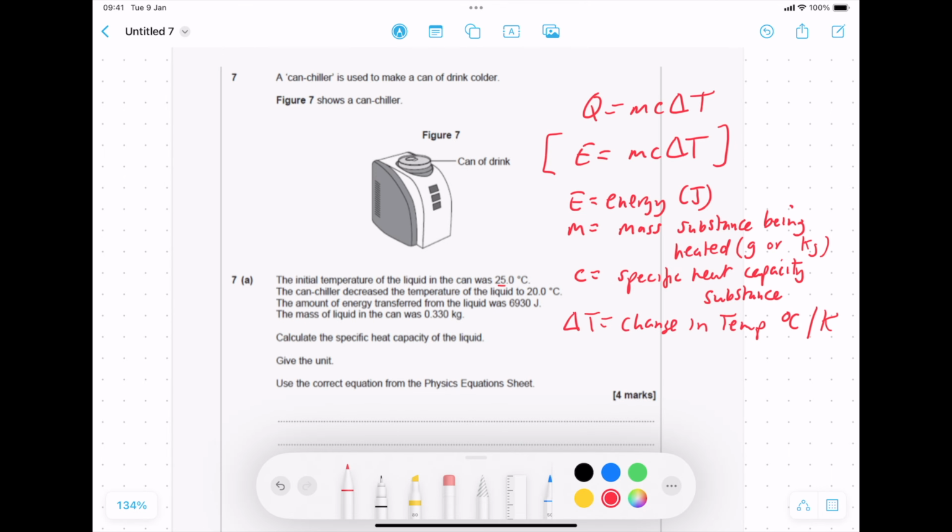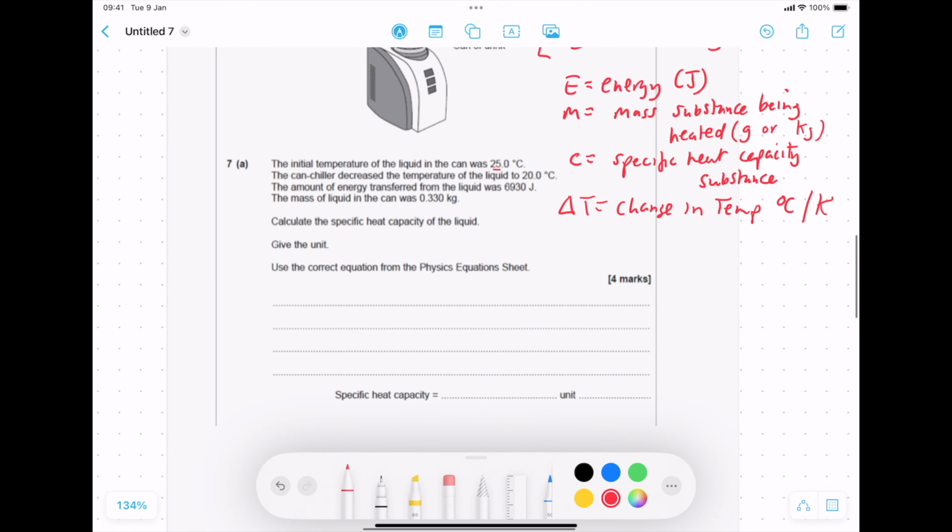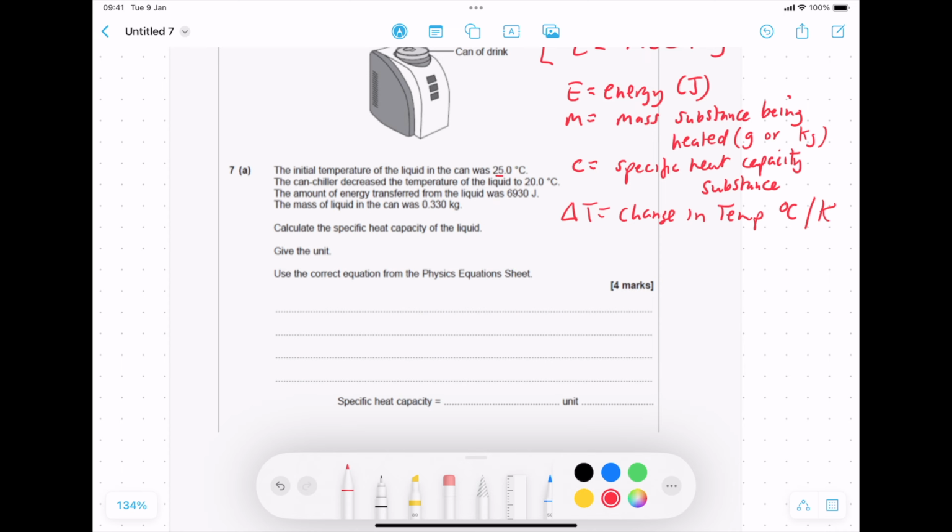Calculate the specific heat capacity of the liquid, and you will notice that we have to define the unit. So as the masses are given in kilograms here, I will be quoting the heat capacity unit in terms of kilograms. Also, you will notice the energy amount supplied is in joules. Heat capacity units, let's go through this.